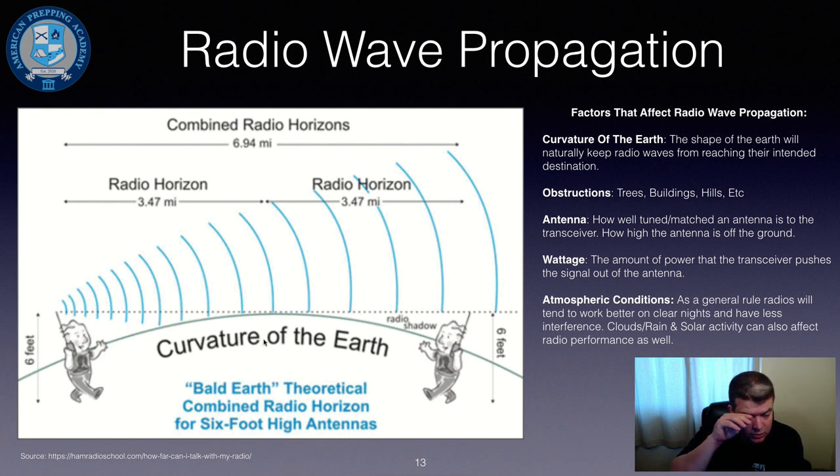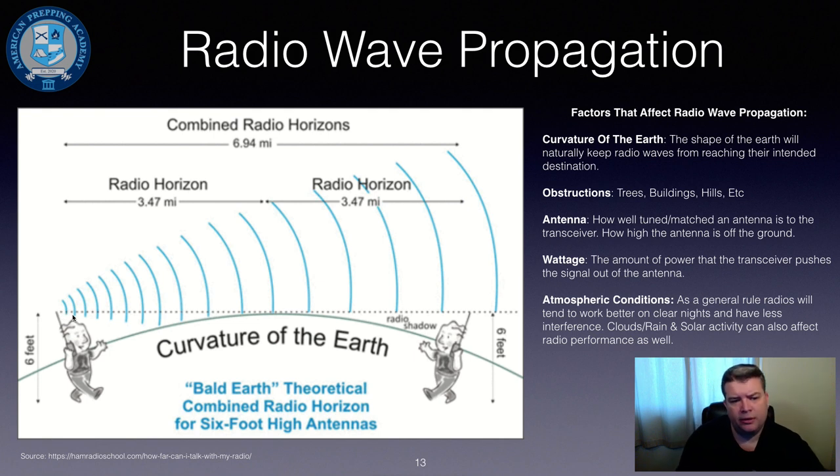And again, we'll go into this a little more in future slides. And then once your radio wave travels past that, there's going to be a radio shadow area, and the other receiver on the other end at about another 3.47 miles would be able to pick up that signal again. Again, that's all because of the curvature of the Earth.